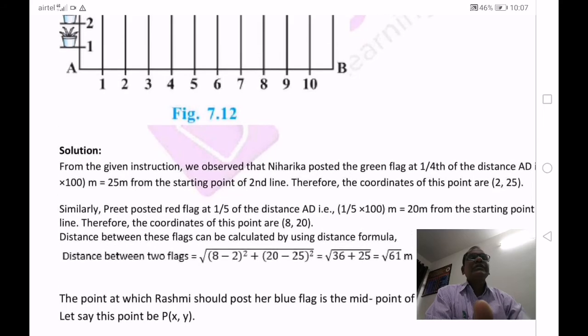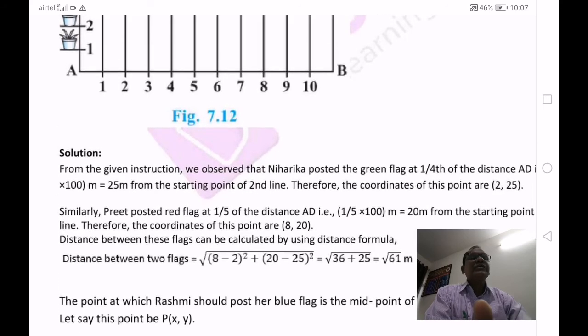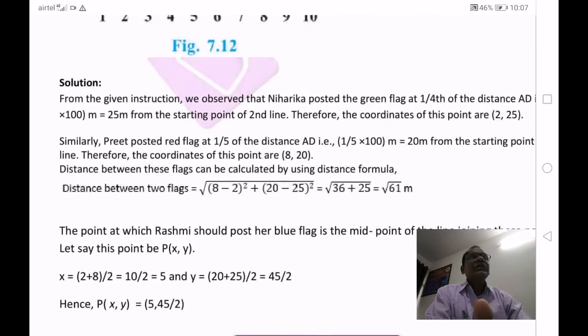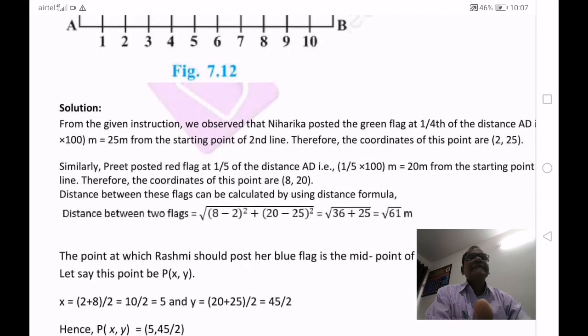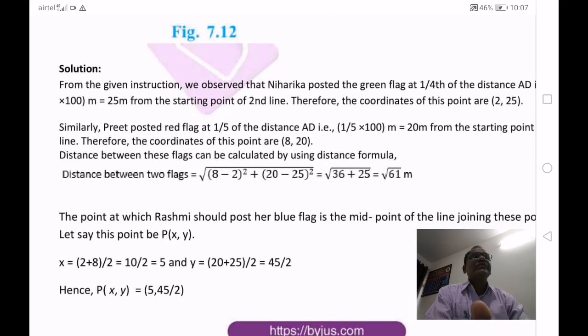The first girl's position is 2 comma 25 and the second girl's is 8 comma 20. So we have to find the distance between these two points. 2 comma 25 is x1, y1 and 8 comma 20 is x2, y2.